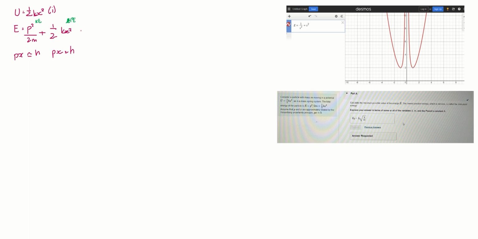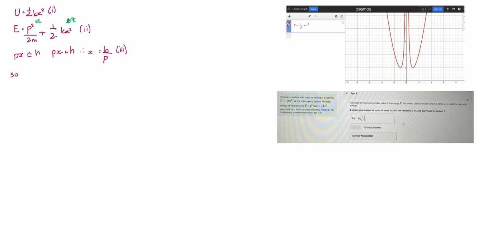The first thing to do is look at this equation here, equation 2, and come up with an energy equation that gets rid of p and just has x in it, and you'll see why in a second. So we can rearrange that. Therefore x equals h over p, and we can sub that in.